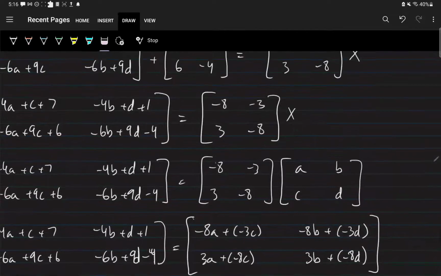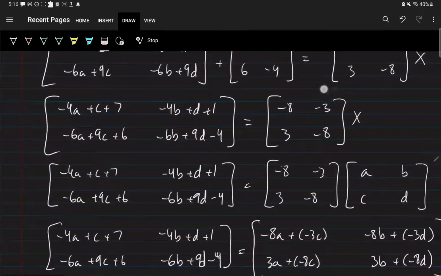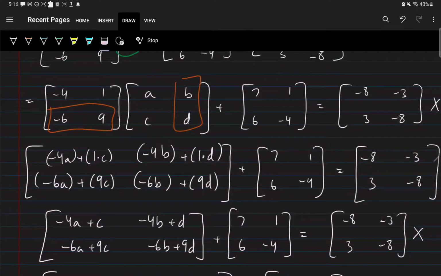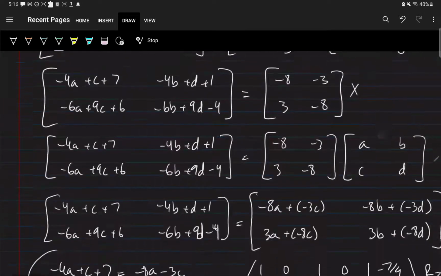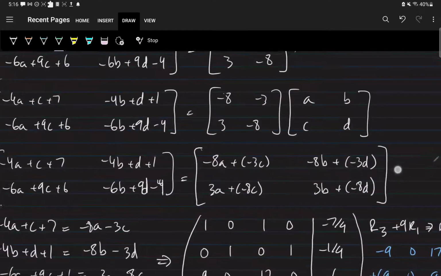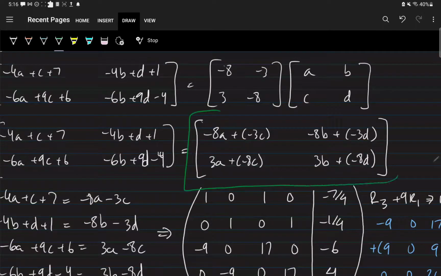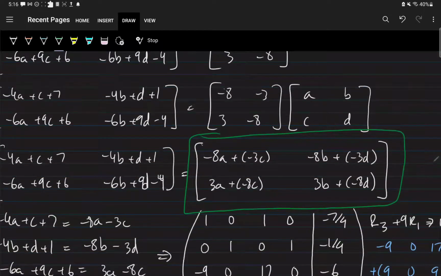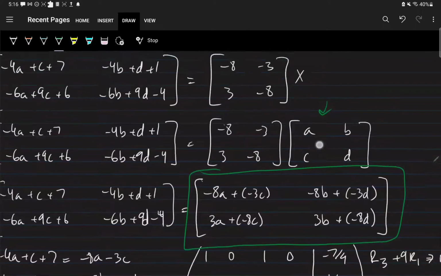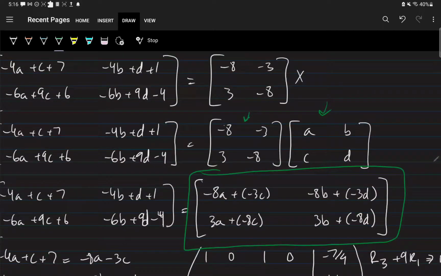So following the same procedure that we followed when we multiplied it over here, we then have the following matrix here. So this is the product of this 2 by 2 matrix X and this matrix we had been given.